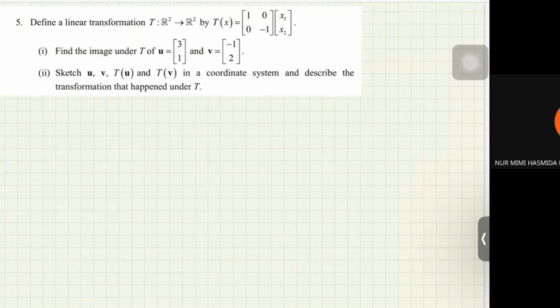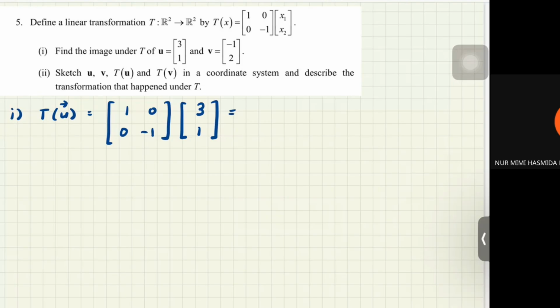Define a linear transformation T from R2 to R2 with this transformation. Find the image under T of U and V. So you need to find TU and TV. Straightforward. TU equals 1, 0, 0, minus 1 times vector U, 3, 1. Then you will get, okay, calculate the answer.